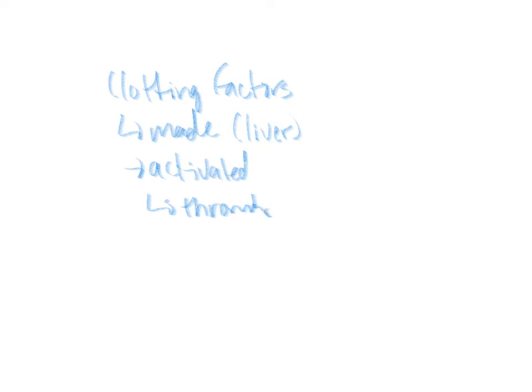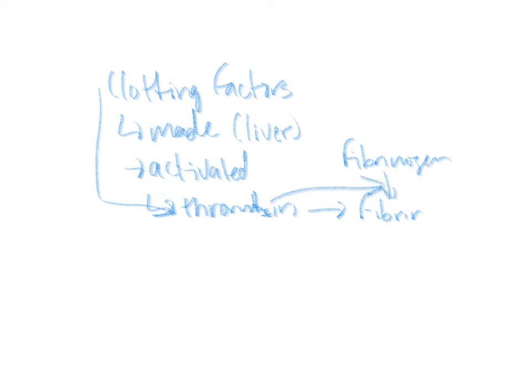So you do have to learn about thrombin. All of the clotting factors lead to thrombin. And thrombin, of course, turns fibrinogen into fibrin. So we mentioned that, fibrinogen. So you need thrombin to do that.